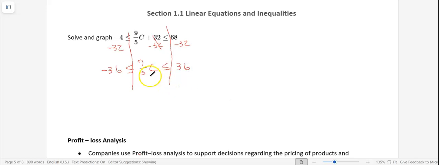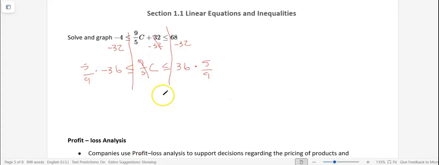Multiply by 5 and divide by 9, or I could multiply by 5 over 9. Multiply by 5, divide by 9.